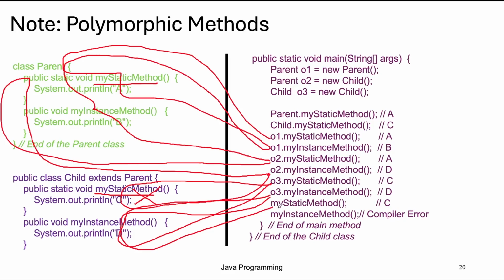Now you see my static method. Please keep in mind this rule: static can call only static. If your method is static, then you can only call static methods. Because my static method is a static method, the compiler will enter inside.